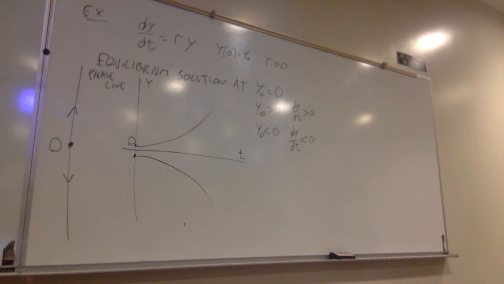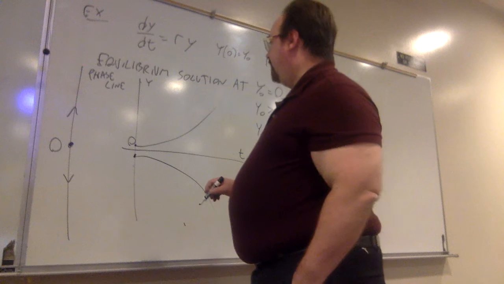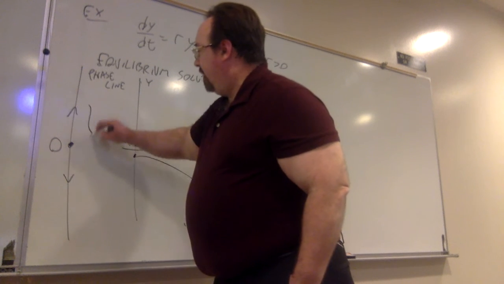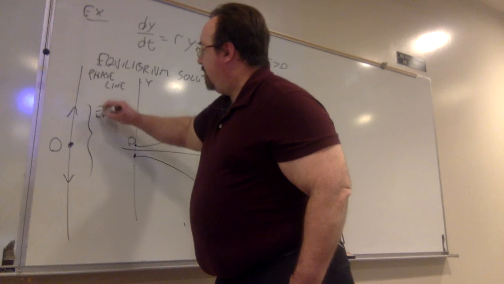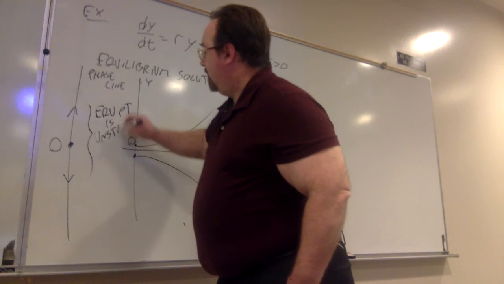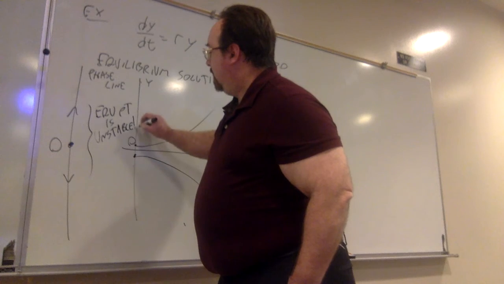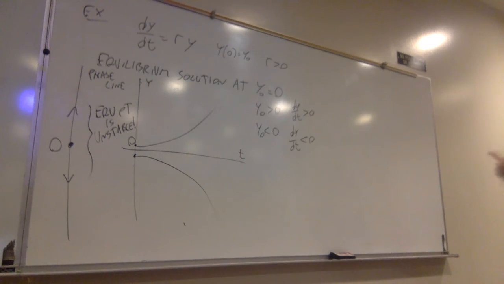So aside from this one equilibrium solution, if I choose any other initial value, the solution will diverge away from that equilibrium solution. So this is a sign that the equilibrium point is unstable. When you have both arrows going away from equilibrium on your phase line, we say that it's unstable.